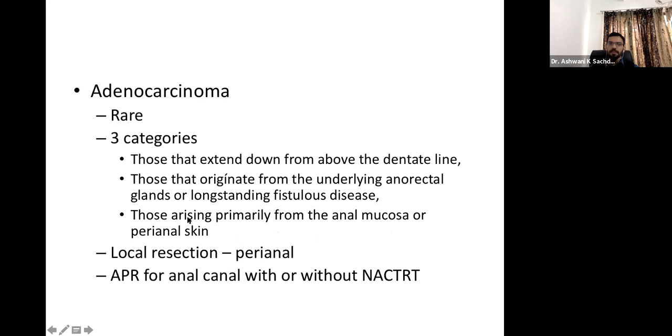So these are the categories from where adenocarcinoma can arise.